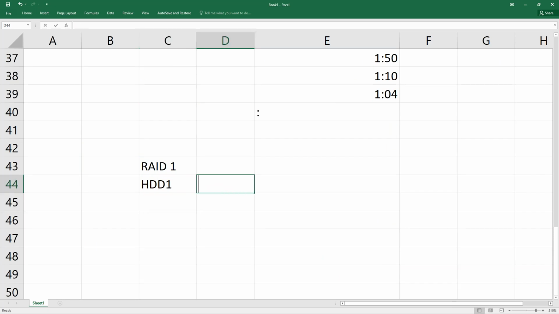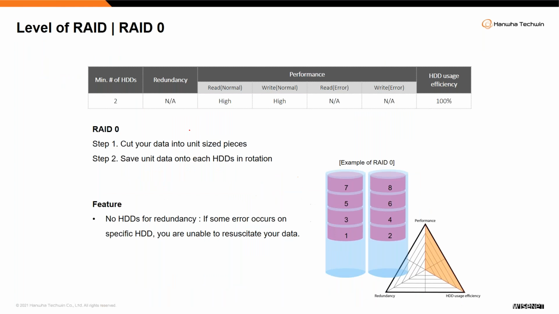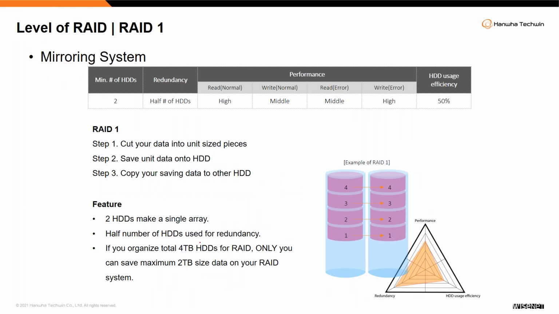HDD1. For every hard disk 1, you need another hard disk 2. So if you're recording in 1, it will record parallelly in 2. Okay, so here you go. RAID 1. Two hard disks make a single array.